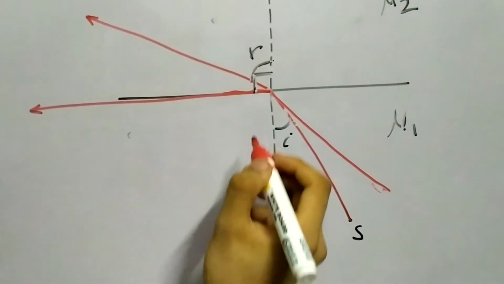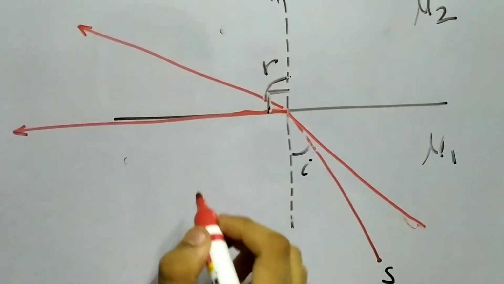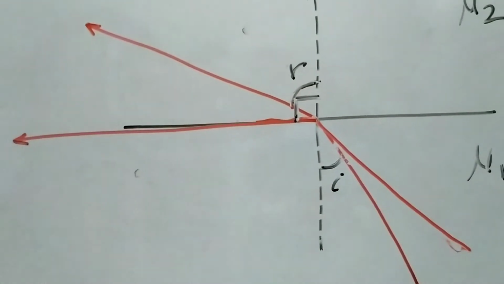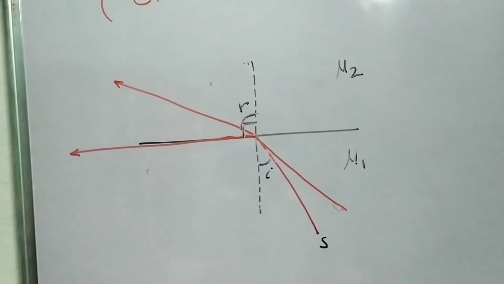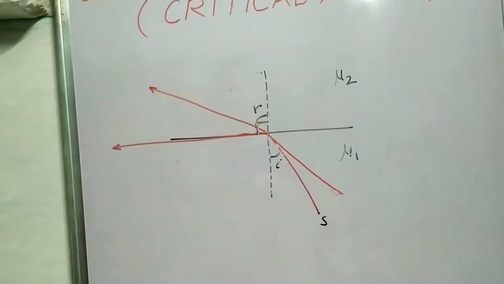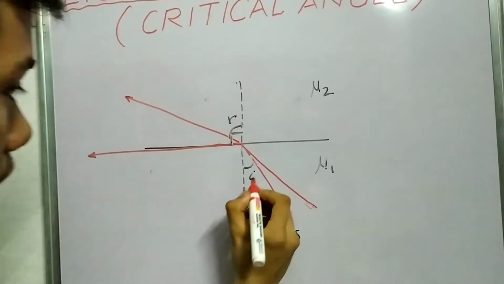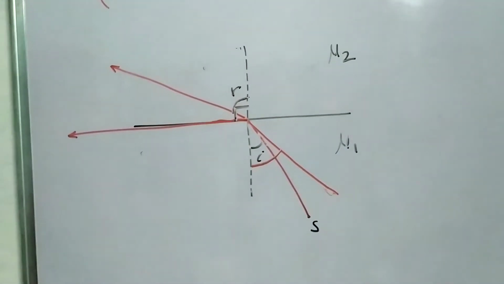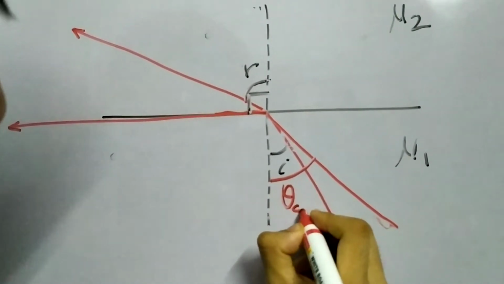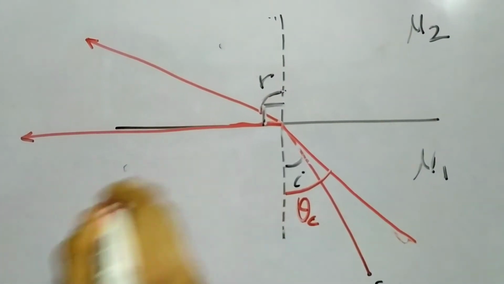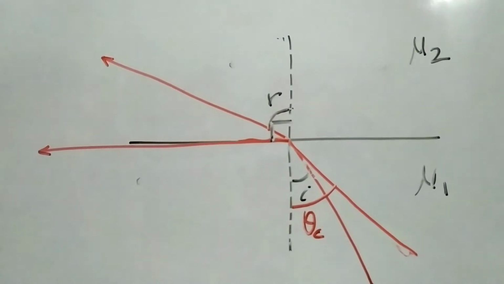Now that angle at which the refracted ray becomes perpendicular to the normal is known as the critical angle. So this angle is known as the critical angle and is generally represented as theta c. So c for critical, and theta is a general notation for angle.